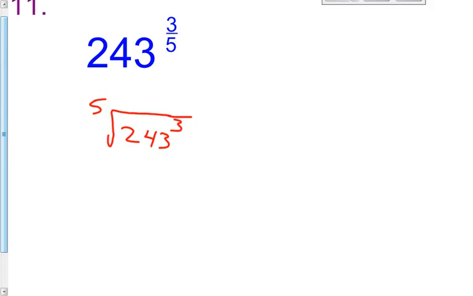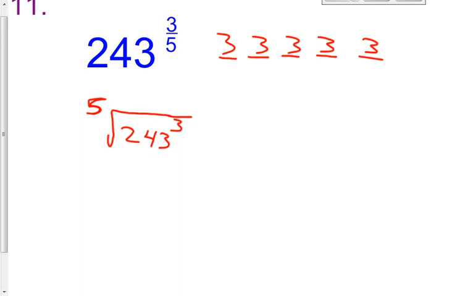So can I reduce this 243? It's the 5th root. So what multiplied by itself 5 times gives 243? 3 times 3 times 3 times 3 times 3.